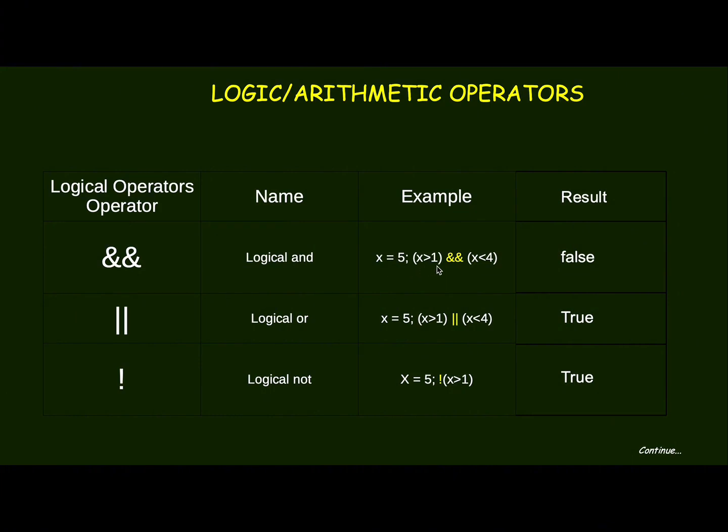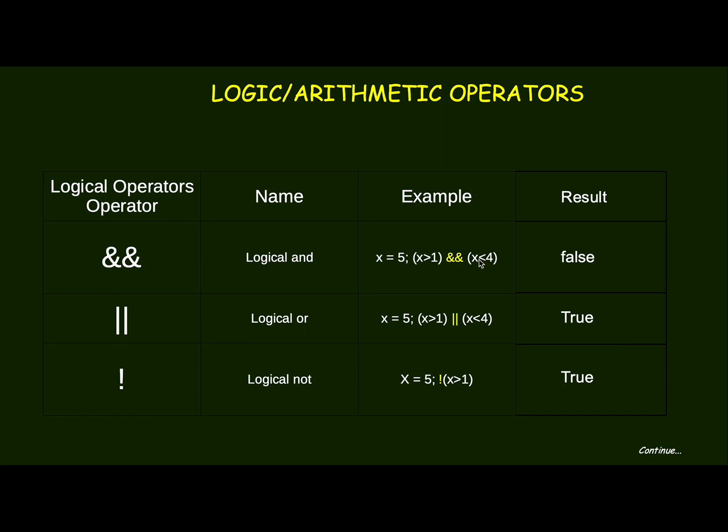Now, in most of the logical operators, the logical AND most often gives us the result of what? False. Why so? In this simple statement, x is greater than 1, so this is true.